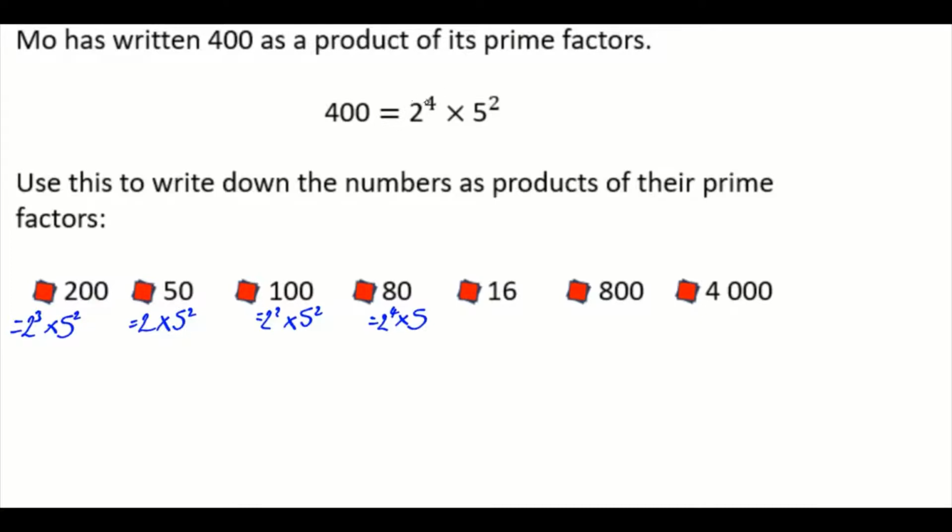It's worth knowing that 2 to the power of 4 itself is just 16, but you could be saying this value divided by 25. 800, so double this, so we need to times it by another 2, so that would be 2 to the power of 5 times 5 squared, and 4,000, that's 10 times bigger, and 10 is 2 times 5. So if we multiply by another 2, that gives us 2 to the 5, and by another 5, that gives us 5 cubed.